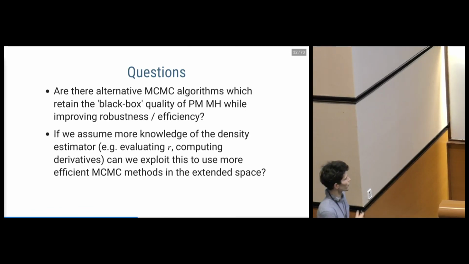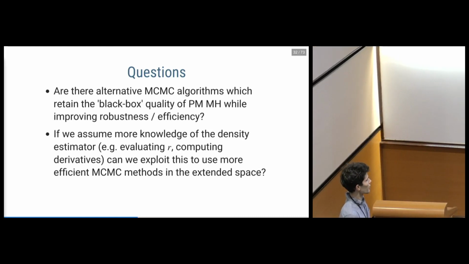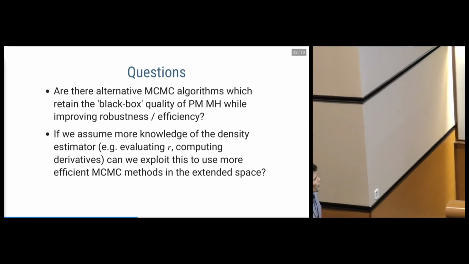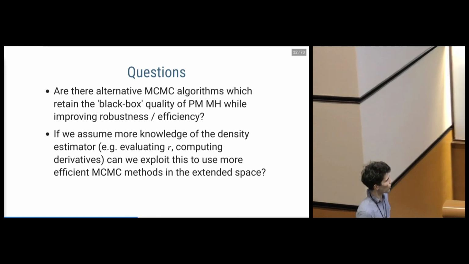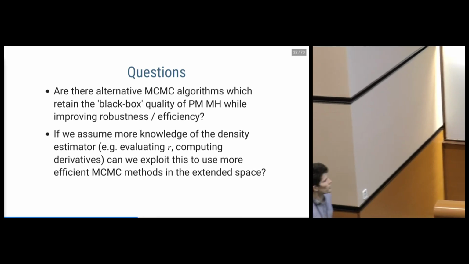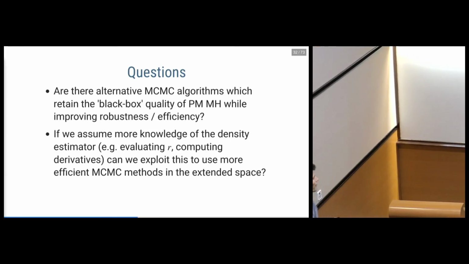Then the follow-up to that will be if we give up being able to be completely agnostic to the form of distribution on these auxiliary variables. So we assume that we maybe have some more knowledge about them, be that being able to evaluate some density on the distribution of those auxiliary variables, or even compute derivatives with respect to those auxiliary variables.